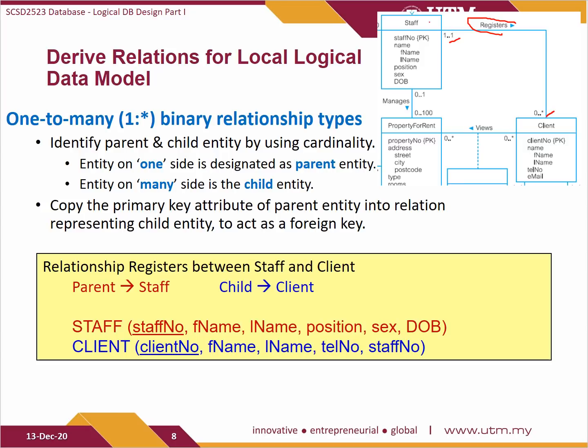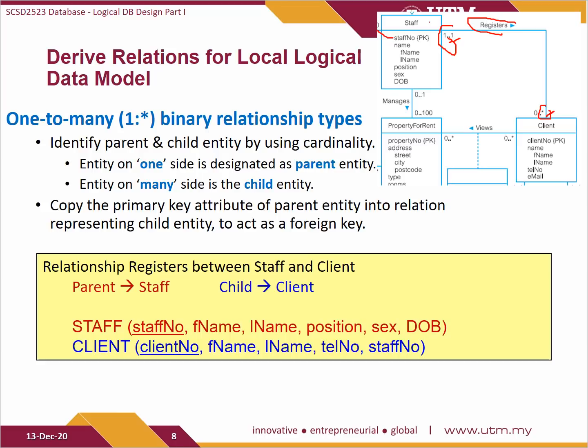So in this example, staff is on the one side and represents the parent entity, and client is on the many side and represents child entity. So the relationship between these entities is established by placing a copy of primary key of the staff or parent entity, which is staff number, into the child or client relation.